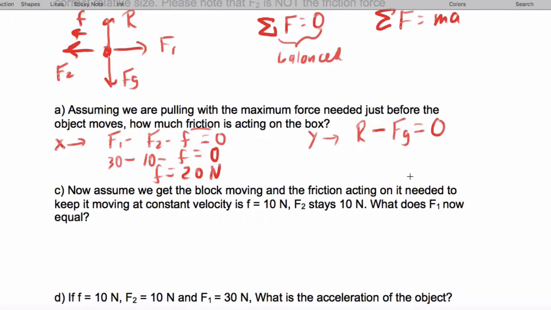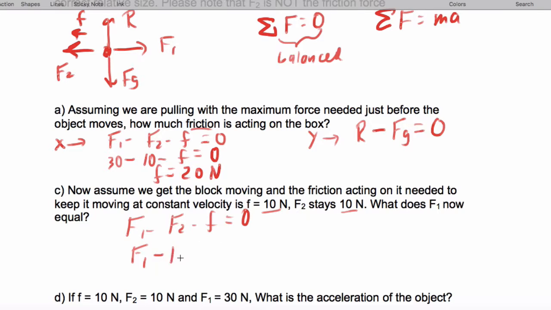Now assume we get the block moving and the friction acting on it needed to keep it moving at constant velocity is 10 newtons. We want to know what F1 is equal to. So again, we're still going to have F1 minus F2 minus F equals 0. And what we're saying here is F is 10, F2 is 10.